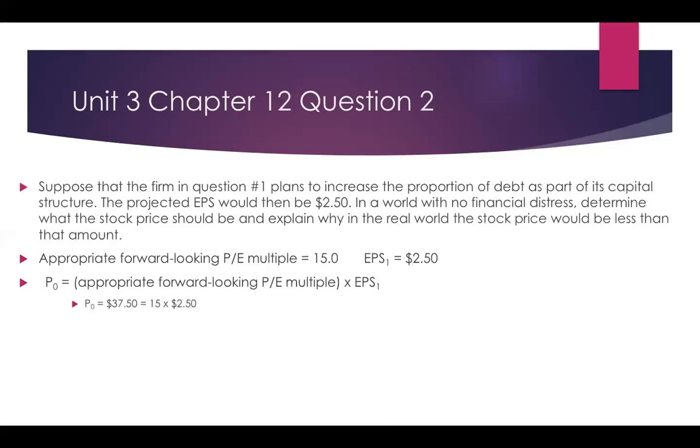But because we don't live in a perfect world, things happen with companies, things happen with their leadership, things happen with the government, things happen with their competitors. Because of all those outside factors, using this normally wouldn't give you the exact price of a stock.